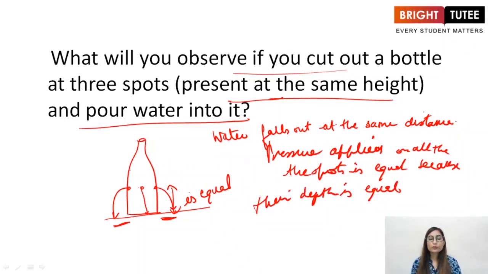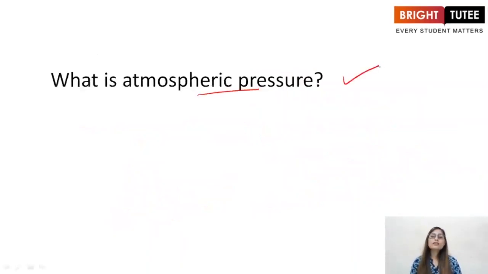When you have poured water into it, the water coming out of these 3 spots will be equal because they are present at the same height. So the pressure exerted on all the 3 spots is equal due to the same height of all these spots, right?